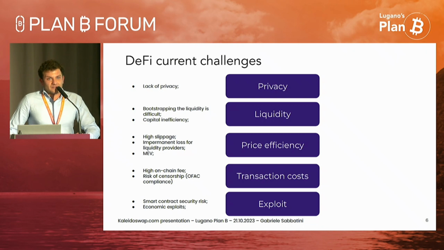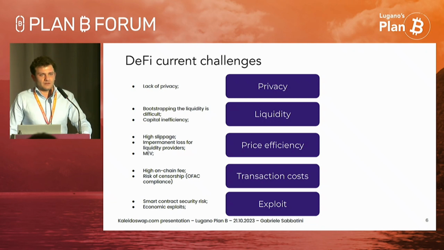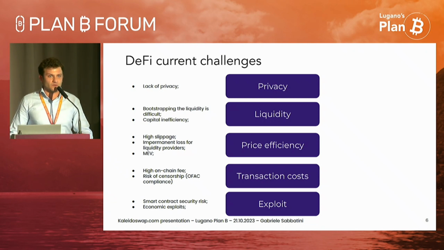Again, there is already decentralized finance, especially on Ethereum Virtual Machine compatible blockchains, but decentralized finance has a few issues, a few challenges. For example, when it comes to privacy, it's really tough to trade with a certain degree of privacy. There are solutions like Nansen, especially for Ethereum, that allow the tracking and monitoring of every wallet and what every trader is doing.